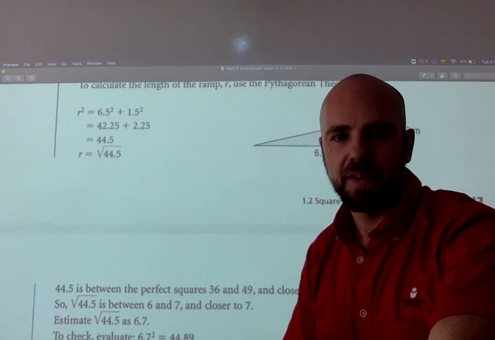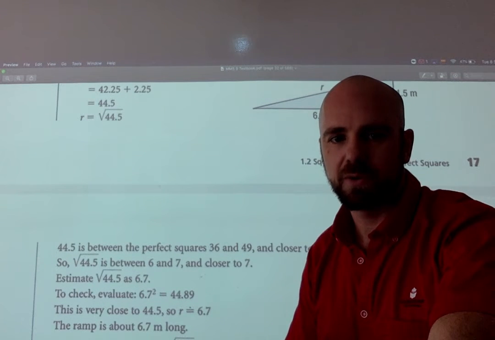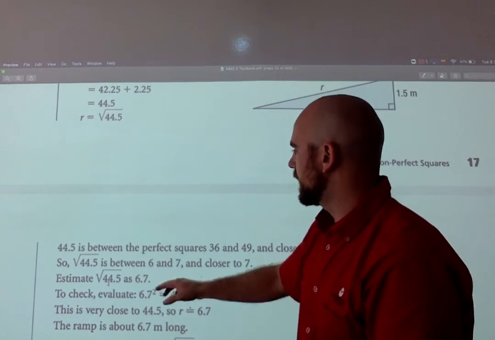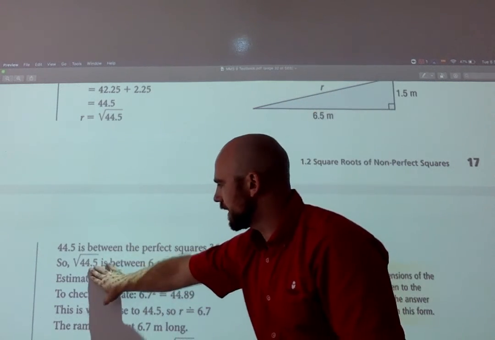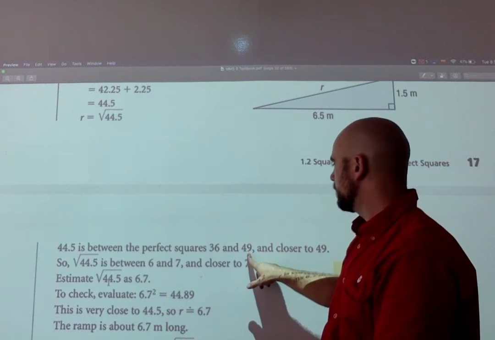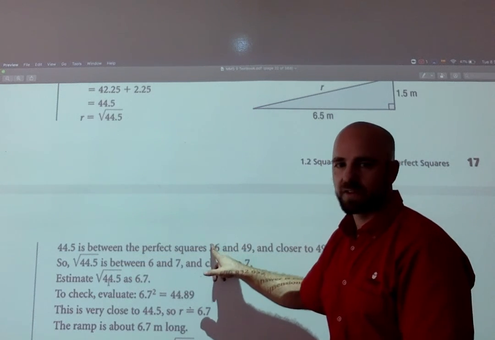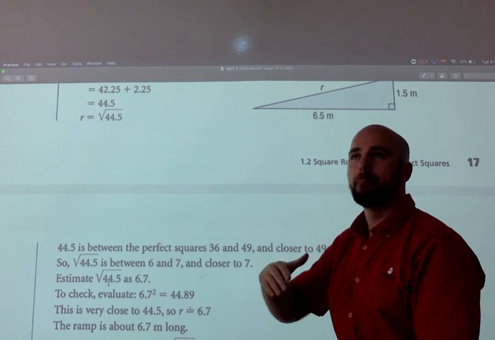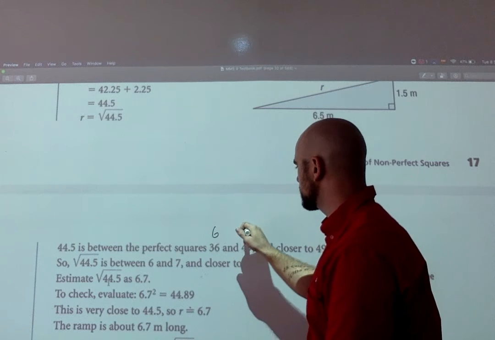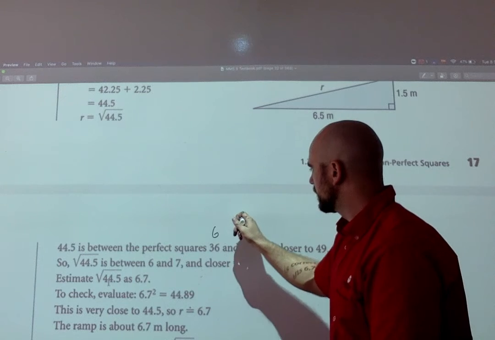Okay, and then they actually go through and solve for the rest of it. They're basically saying, okay, 44.5 is between which two perfect squares? It's between 36 and 49. But 44.5 is closer to 49 than it is to 36. So it has to be above 6.5, because the square root of this is 6, and of that is 7. But it's closer to 7.